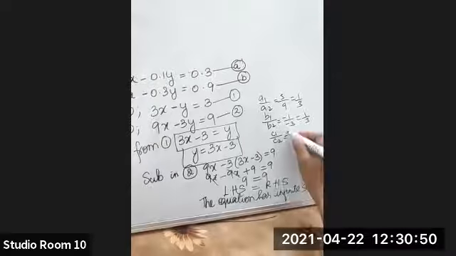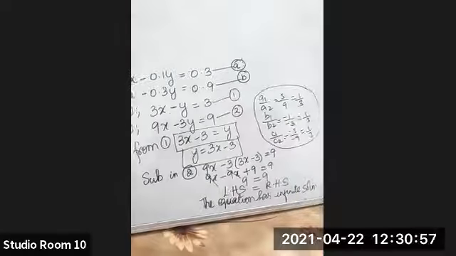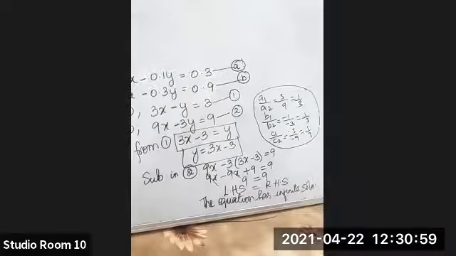Minus 3 by minus 9, which is 1 by 3. So is it satisfying the condition for infinite solutions? A1 by A2 is equal to B1 by B2 equal to C1 by C2. That's why we are not getting a unique solution. It has infinite solutions.